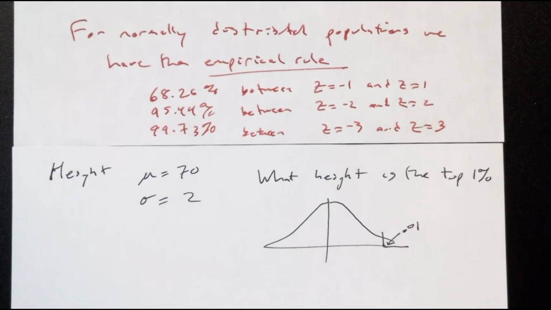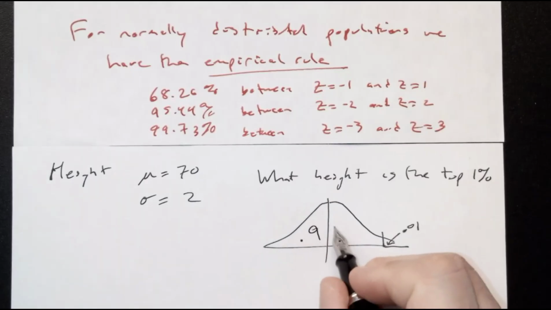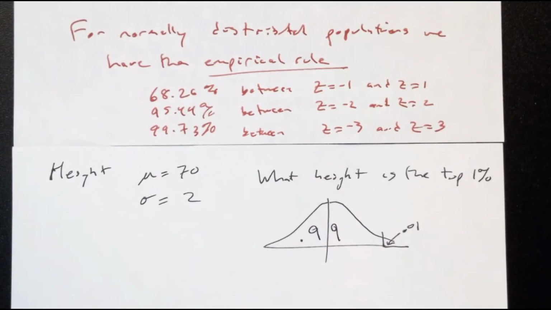This is a little harder. I need to work backwards out of my formula. I want the area to be 0.01. Either table C2 or table C1. Alessandro, which one do you want to use? That means I want the rest of this to be 0.99, right? So now I go to my table and I start looking for 0.99. I know I'm going to end up with a positive Z value, right?